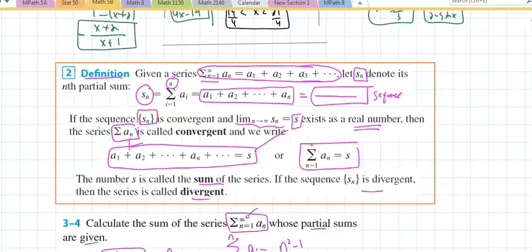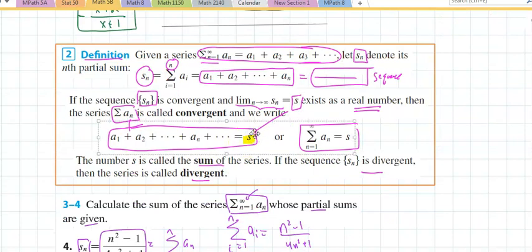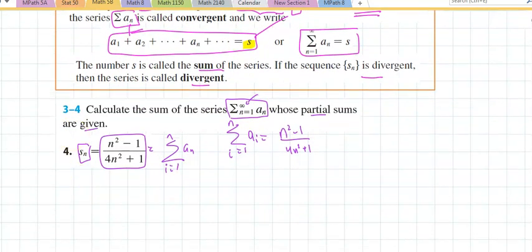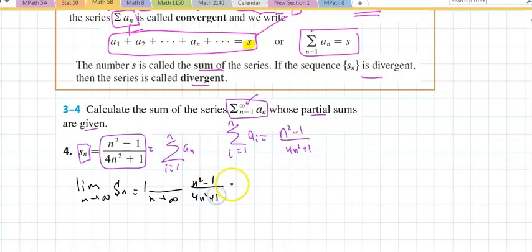If somebody figured that out right there, what we're going to do, we're going to take the limit as n approaches infinity of this s sub n, which is the limit as n approaches infinity of n squared minus 1 over 4n squared plus 1. Normally I work downwards, but you know what, let me work downwards.